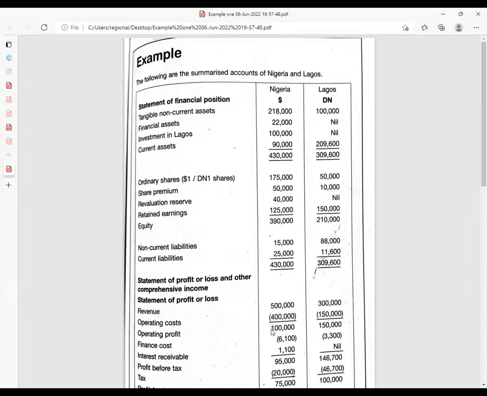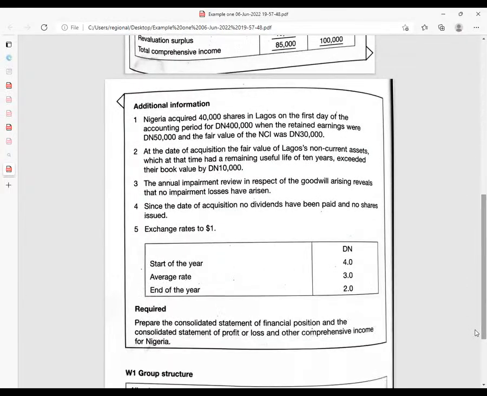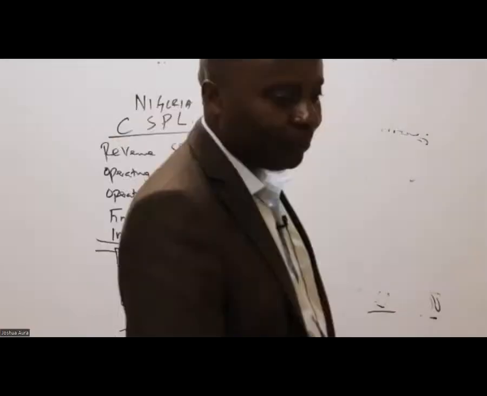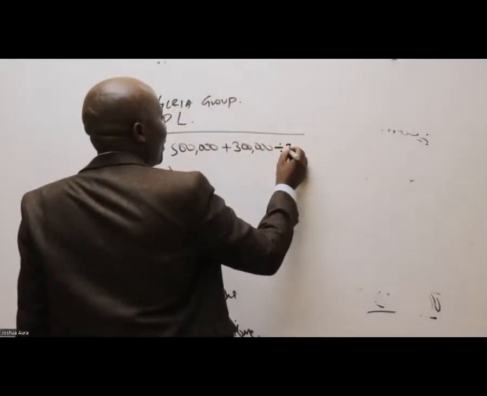Which rate should I use? When we started, I gave you the procedure. Average rate. Do you remember that? For the income statement, it's always the average rate, divided by 3. So divide this by 3.